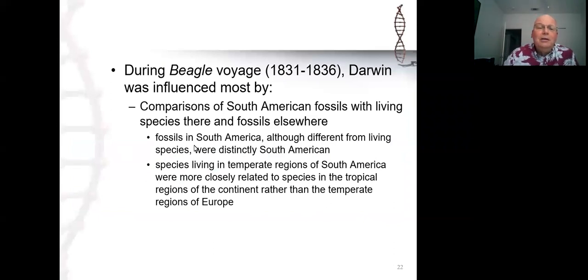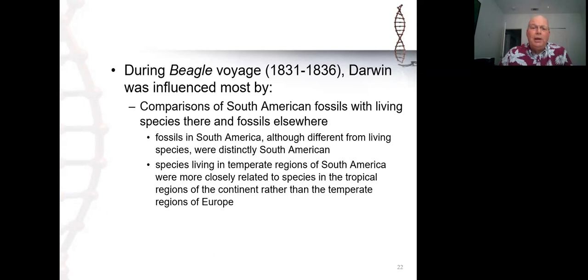One of the things that Darwin did do was collect some fossils in South America. And when he examined these, when he got back to England again, what he realized was these fossils represented organisms that were somewhat closely related to the living organisms in South America and were somewhat distinctly South American, really didn't have any resemblance to any other organisms growing in similar sorts of environments.